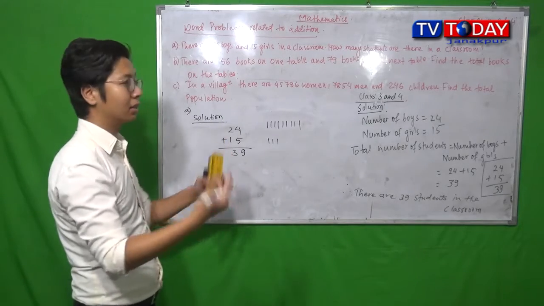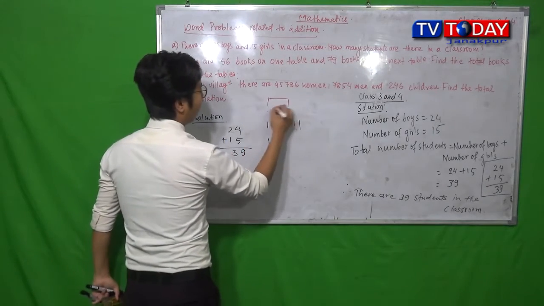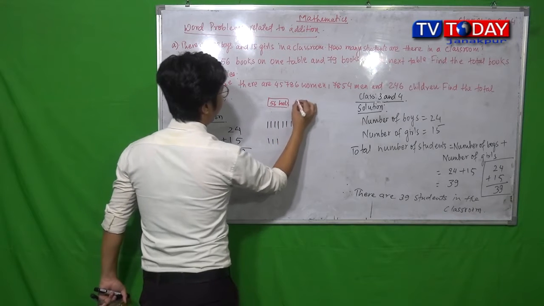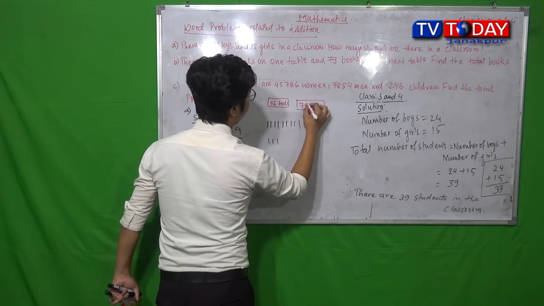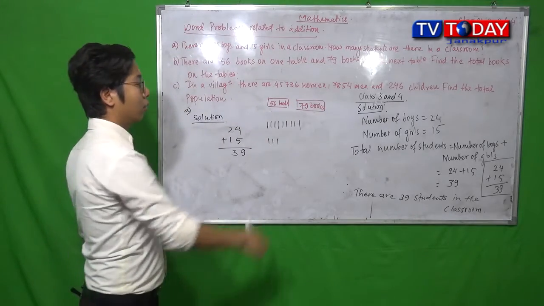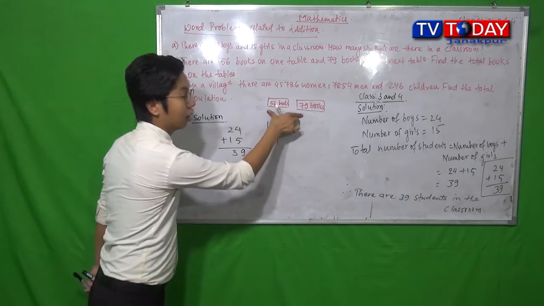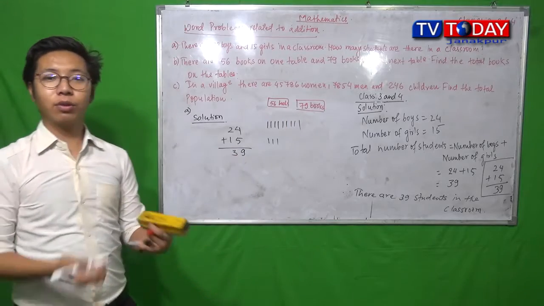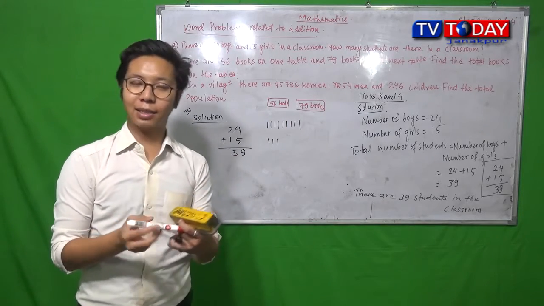In one table there are 56 books and another table there are 79 books. You were asked to find the total number of books on the tables. Tables means both the tables. Then what you have to do? You have to perform addition.